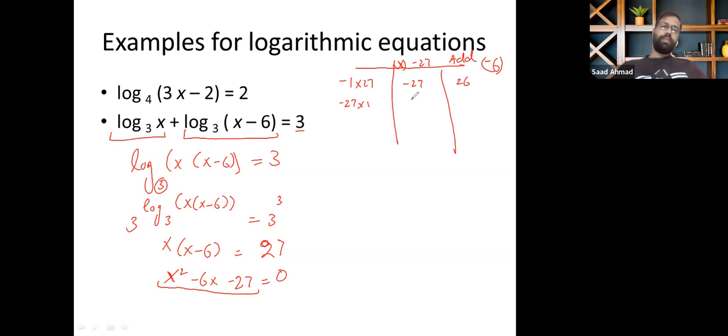This also gives us negative 27, but their sum is negative 26. It's again not the negative 6 that we're looking for. Next pair that can give us 27. Can any of you tell me the numbers that give us 27 when we multiply them?